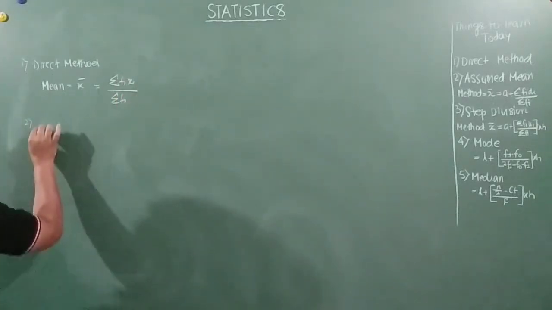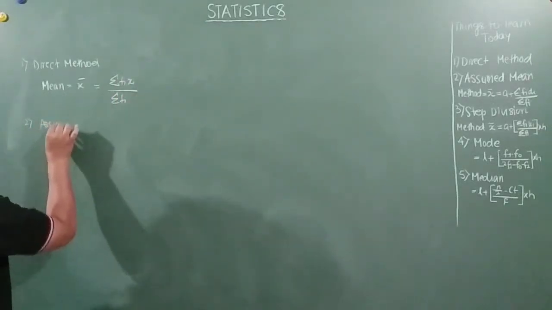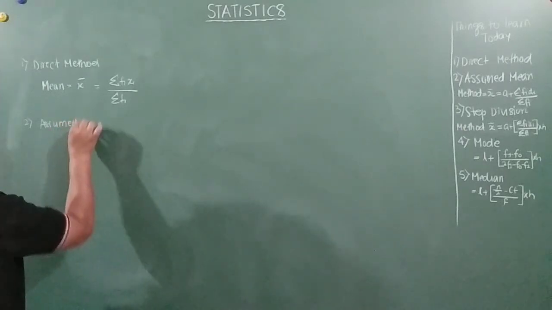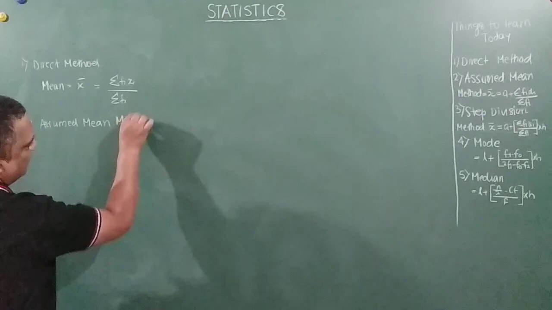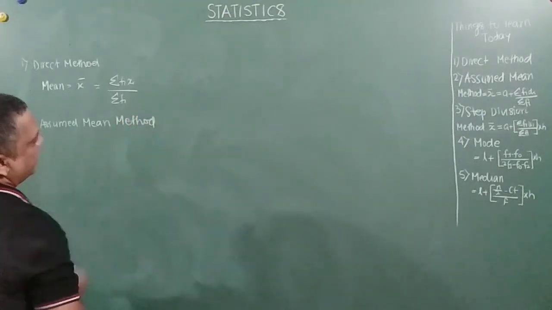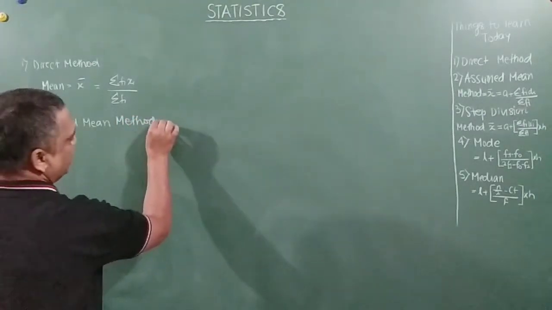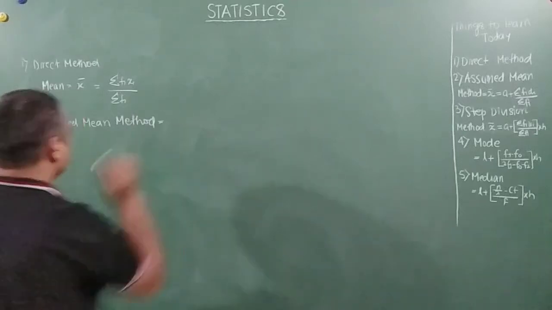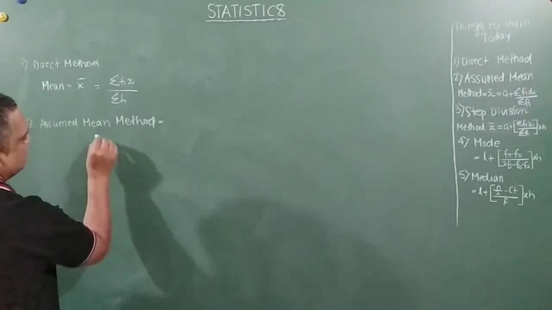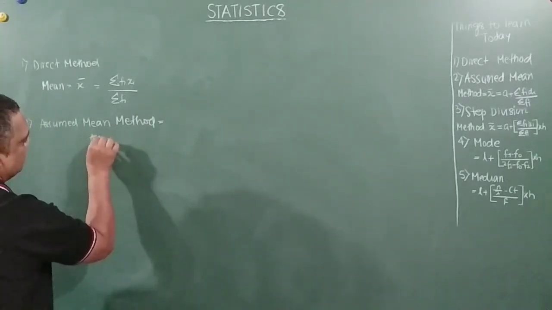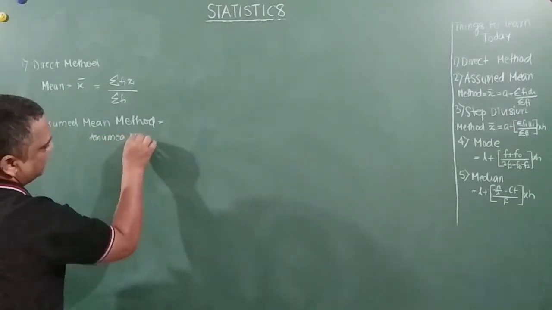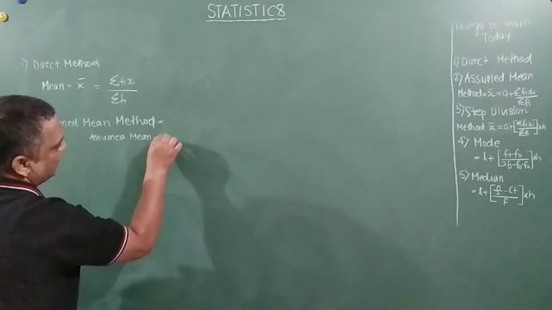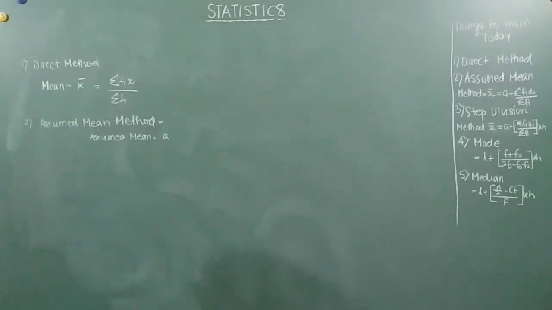Now, the assumed mean method. The assumed mean method is nothing but, in this we assume a mean. Let us assume the mean is equal to A. Now what do we do, friends?